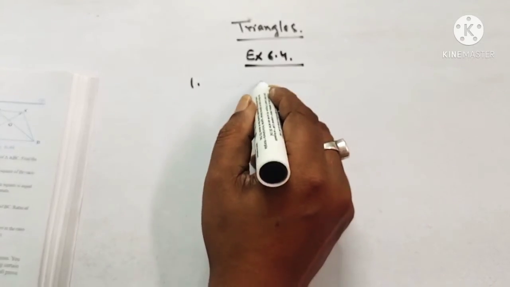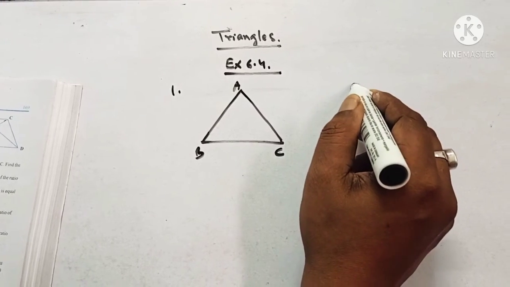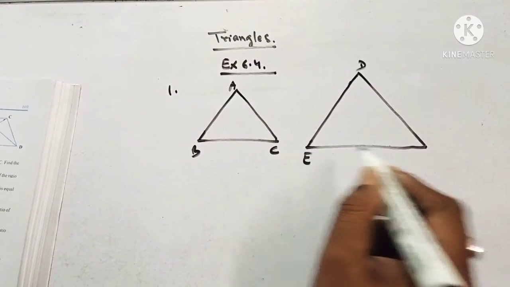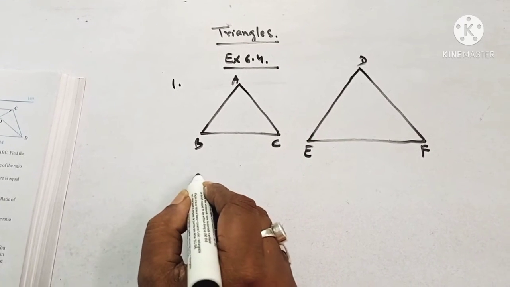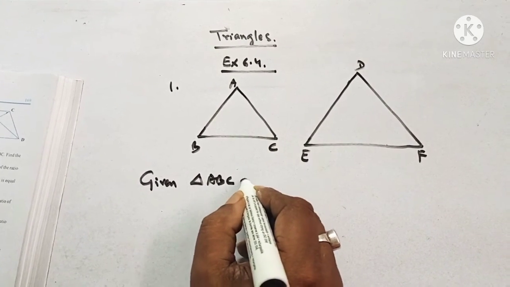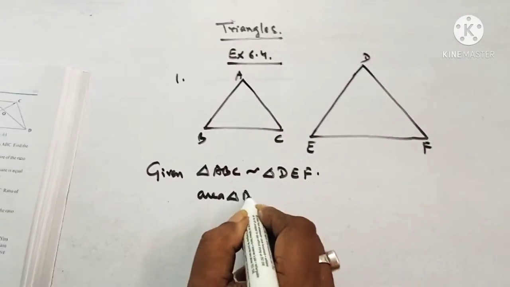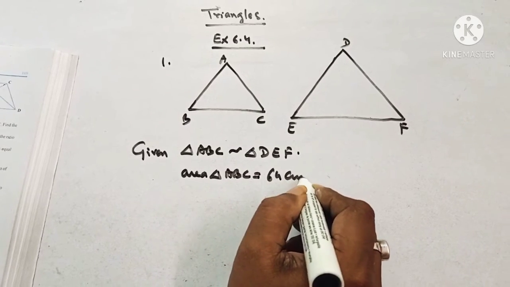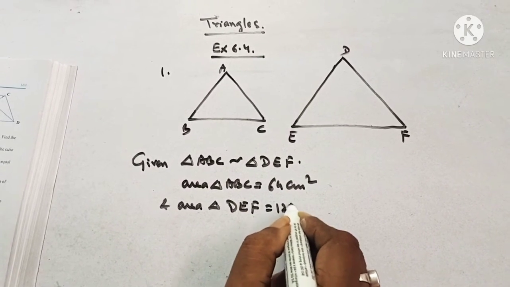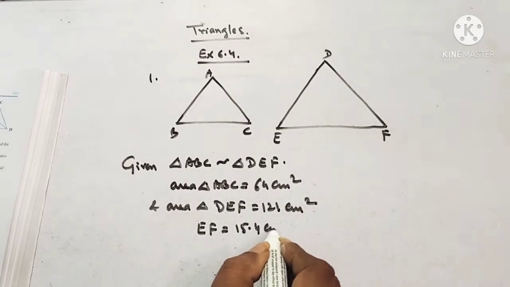here ABC and DEF. Here triangle ABC, this is given, triangle ABC similar triangle DEF, and area triangle ABC is equal to 64 cm², and area triangle DEF is equal to 121 cm², and EF is equal to 15.4 cm.